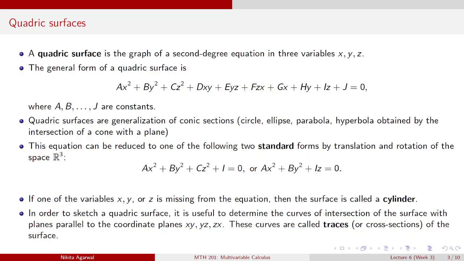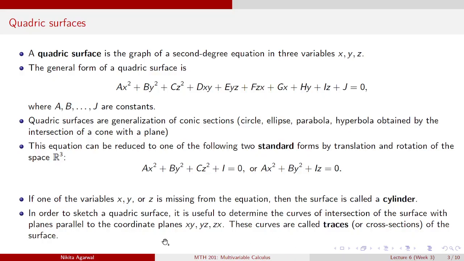When you intersect the surface with these planes, you get curves on that plane. You draw those curves and then you determine what the full surface should be. You don't do it just for coordinate planes, you do it for any plane which is parallel to a coordinate plane.